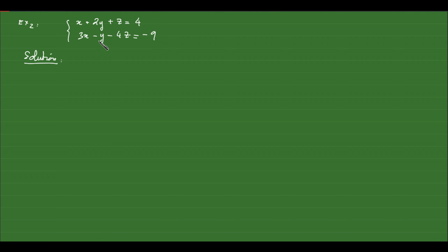Okay, over here we can eliminate. So this is equation 1, equation 2. If I multiply equation 1 by 2, then we will have the system like this, right? By 2, so it's 2x plus 4y plus 2z equals 8, right?